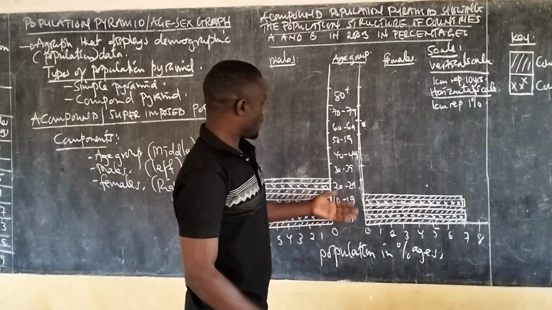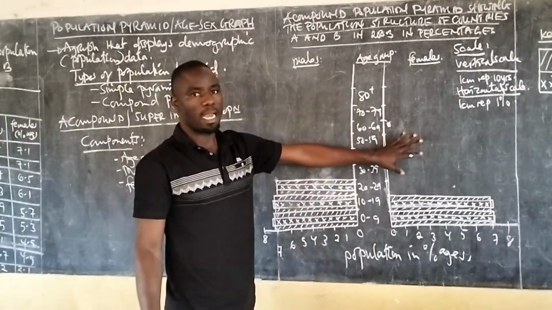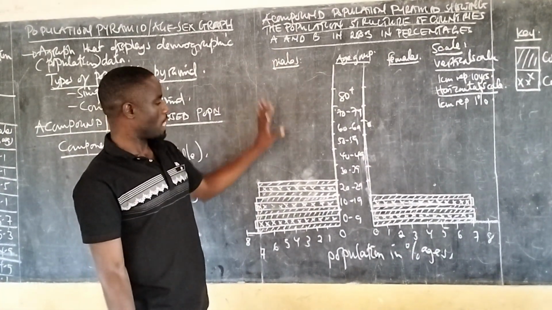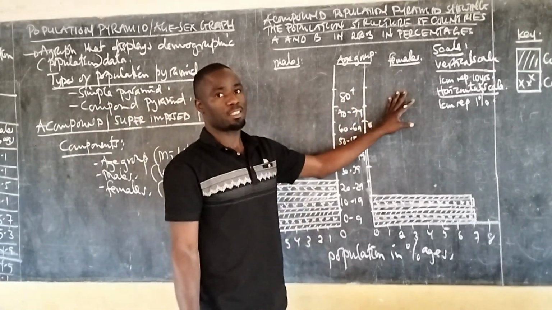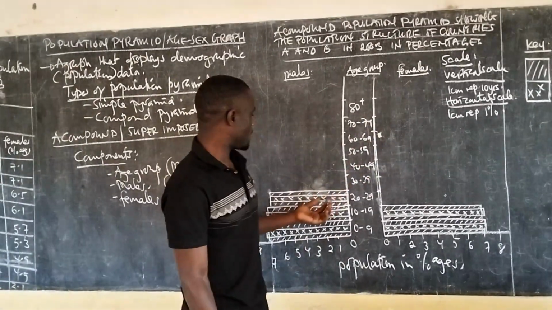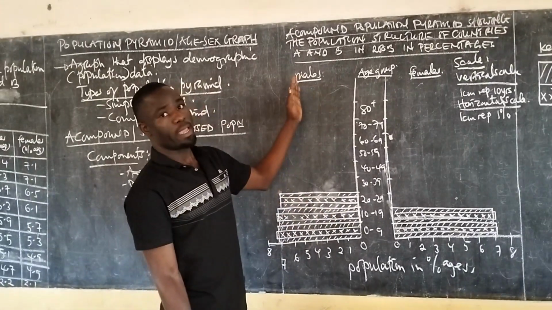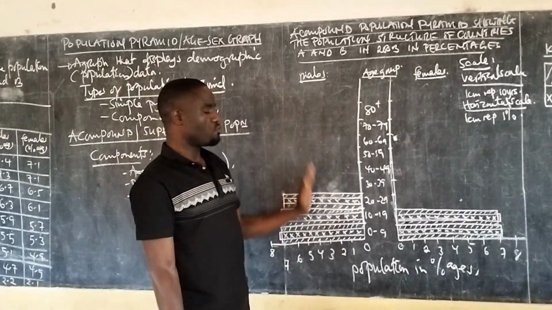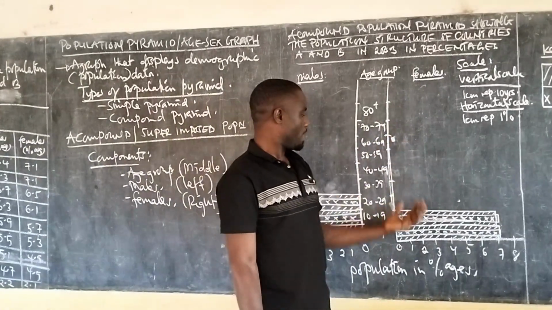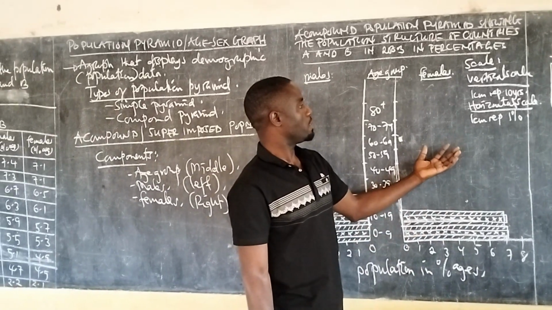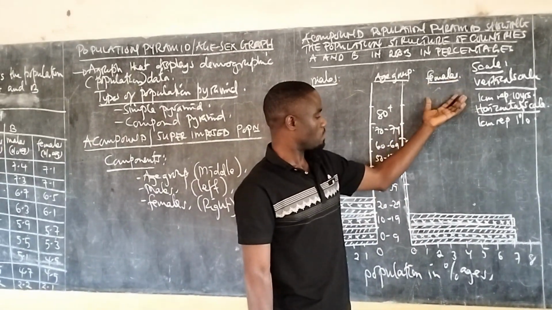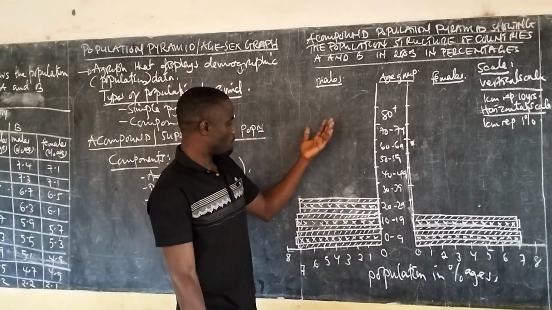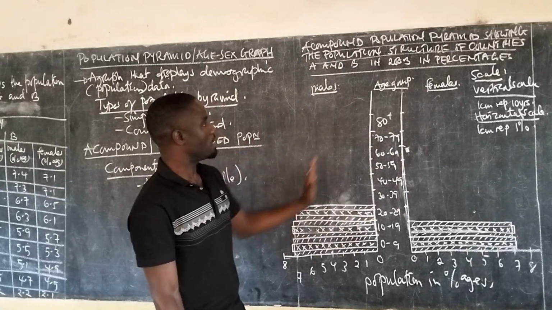Another user can say he's going to use 4 colors. You say, I'm going to use 2 different colors for males, country A and B, and 2 different colors for females, country A and B. For example, I can use black to portray males, country A. Then I use green to portray males, country B. Here I use red to portray females, country A. I use, let's say, orange to portray females, country B. But still, someone can say, for me I'm going to use 2 colors, because here it is indicated, these are males, these are females.